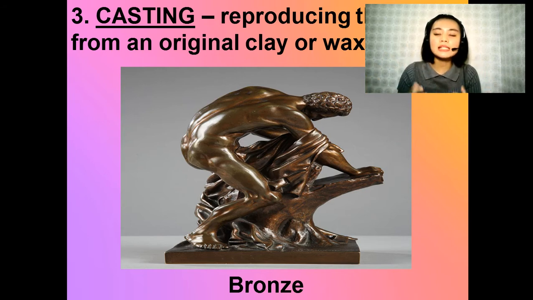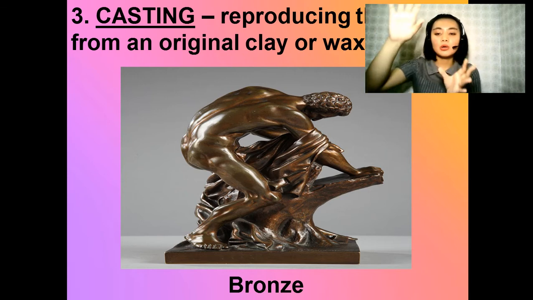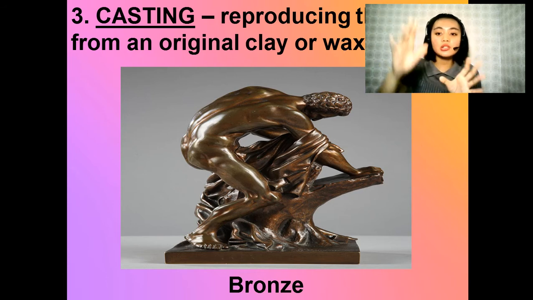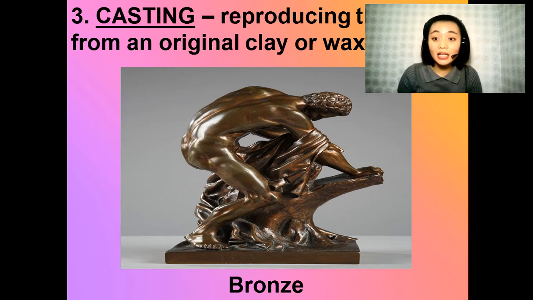So, halimbawa, liquid steel, or plaster of Paris, or wax. Tapos ibubuhos nyo siya sa hulmahan, let it dry, tapos pag dry na siya, pwede nyo na siyang baklasin, tapos it would reveal the desired effect. Tapos pwede nyo na lang yun lihain para medyo smooth yung mga surfaces. Okay? So this is an example of a bronze casting. Okay?